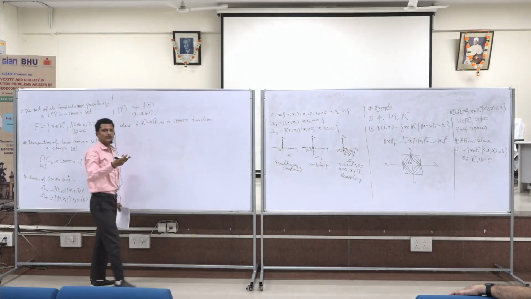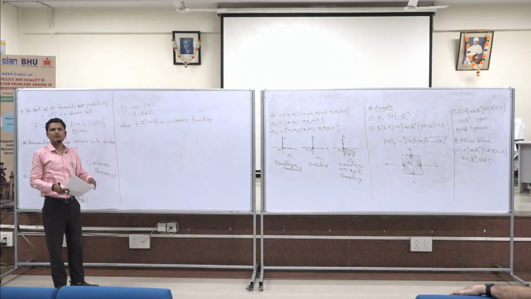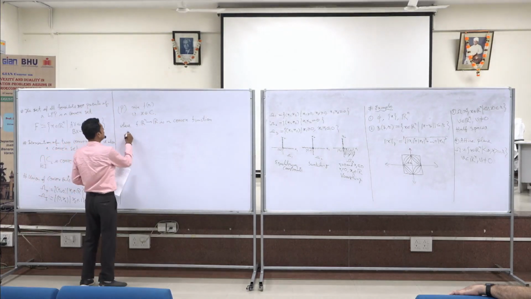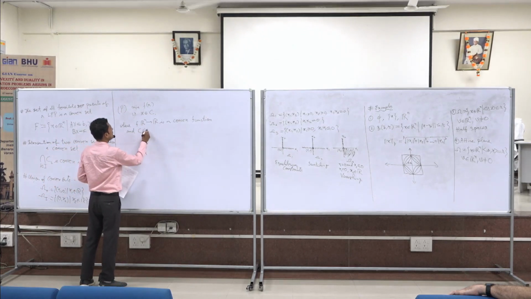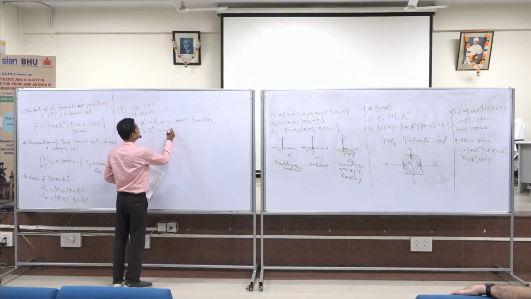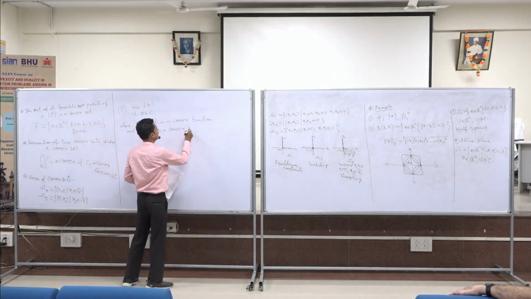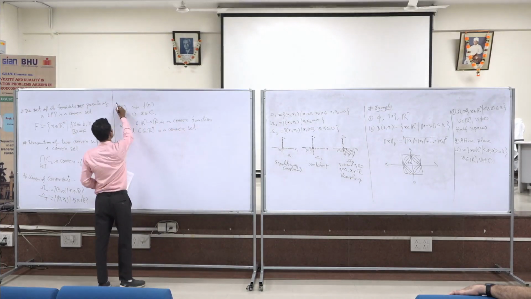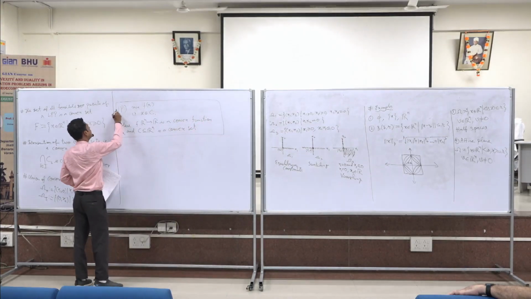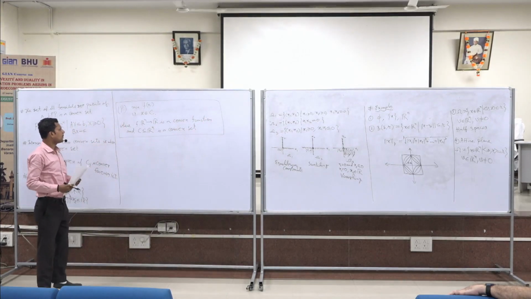You know the definition of a convex function. Maybe in some tutorial we can discuss more about convex functions and their properties. And this C, a subset of Rn, is a convex set.